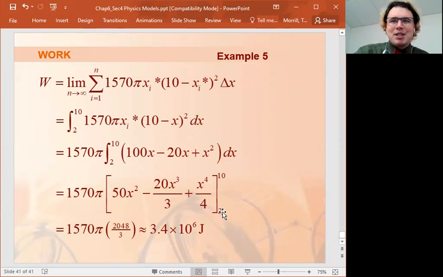And once again, we have a very simple integral of a polynomial. I can just move my constants out to the front for the time being. And this comes out to be exactly 1,570 pi times 2048 on 3, or approximately 3.4 million joules.